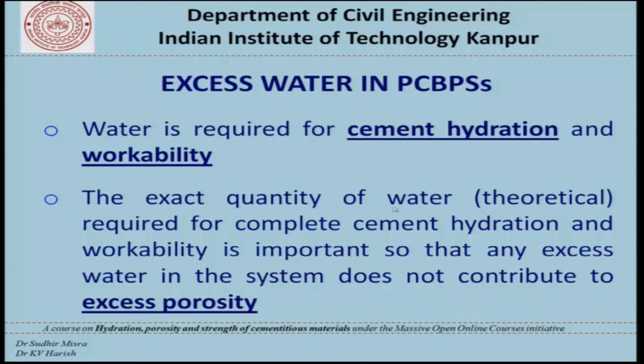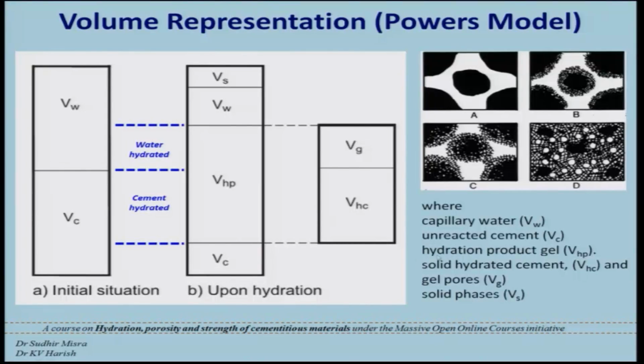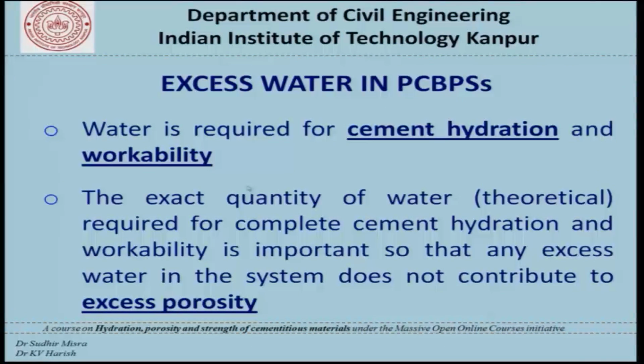The exact quantity of water required for complete cement hydration, which means this exact value, and the exact quantity of water required for workability are extremely important, so that any excess water in the system does not contribute to excess porosity.